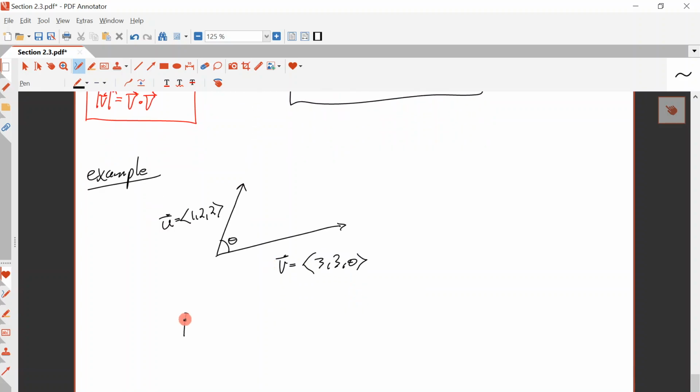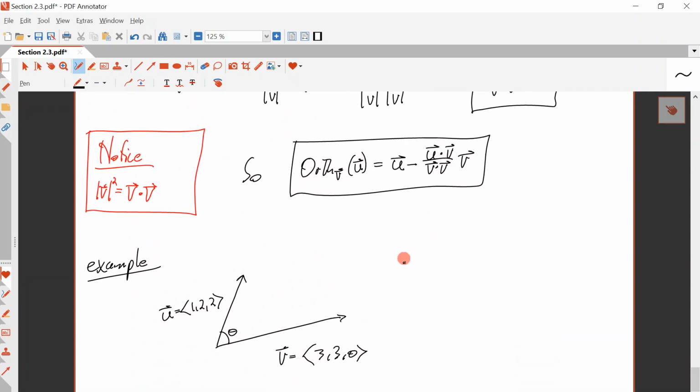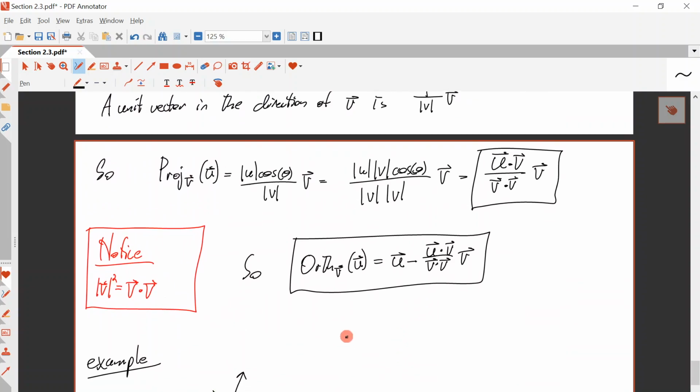Right, so now the projection of u in the direction of v is u dot v over v dot v, or the length of v squared, times v itself.